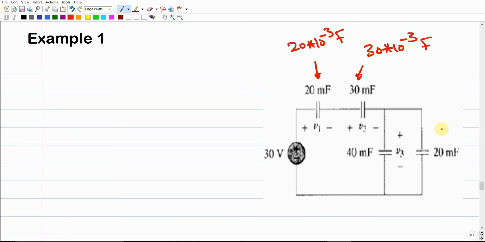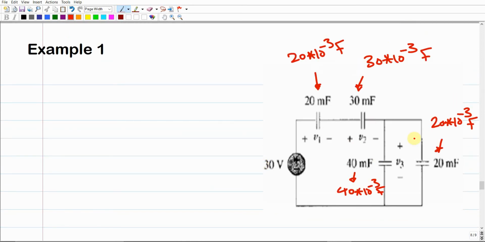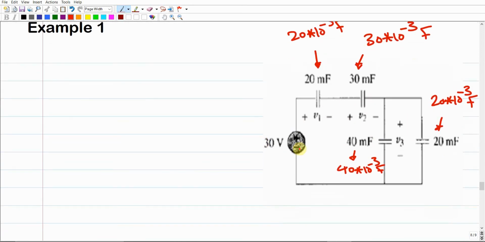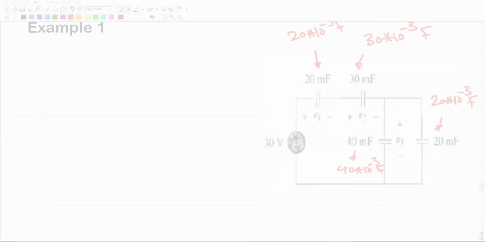The same thing for this one, 20 times 10 to the negative 3 farad, and this value should be 40 times 10 to the negative 3 farad. Make sense? And the voltage source is already given as 30 volts. It is required to calculate the total current through the source, in addition to the voltage V3, how much it is.